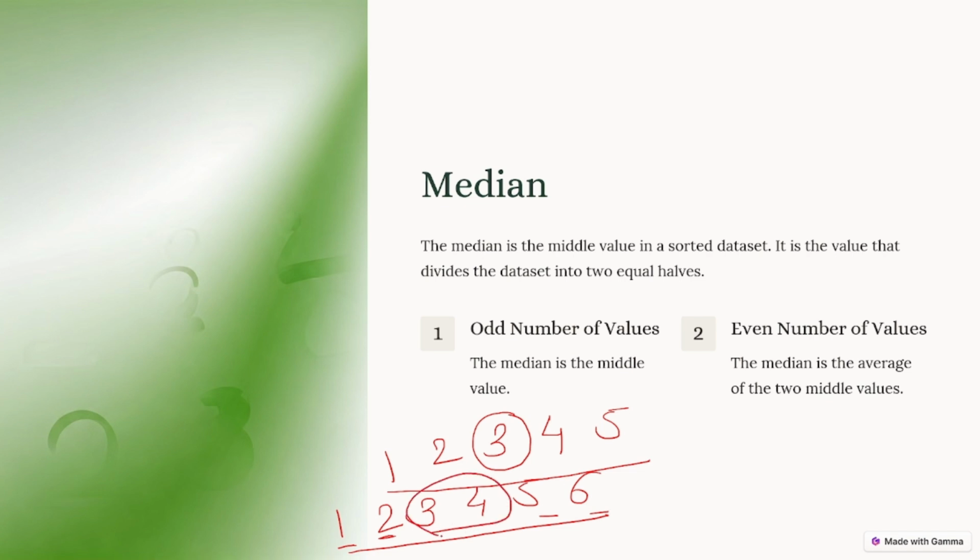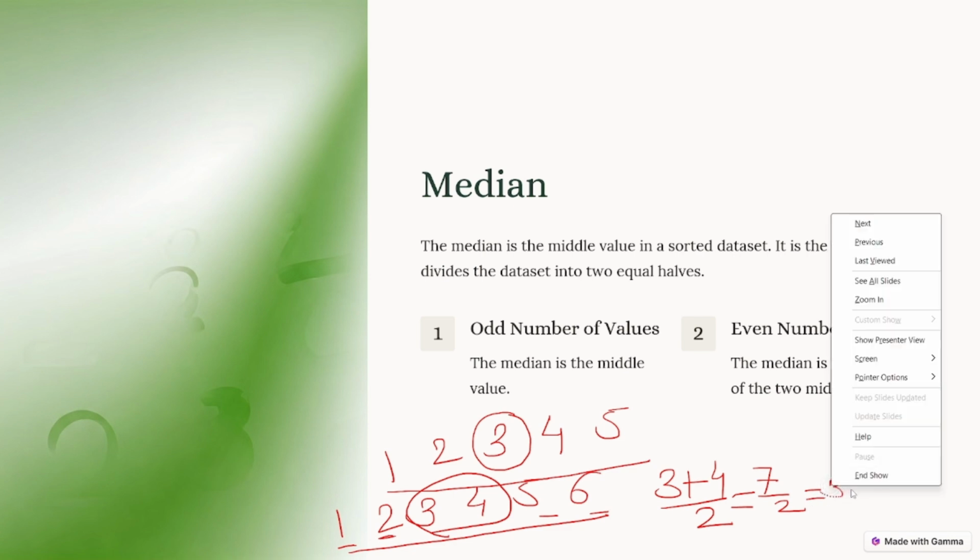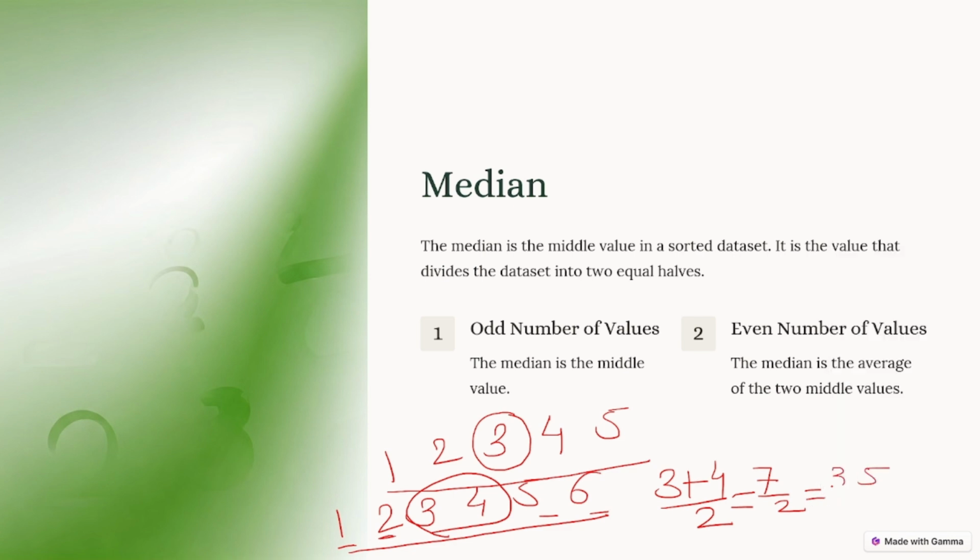So you take the average of these two numbers: 3 plus 4 divided by 2. It will give 7 by 2, which means 3.5. Yes. So this condition applies if you have even numbers. If you have odd numbers, then you can directly find the middlemost observation as the median value.